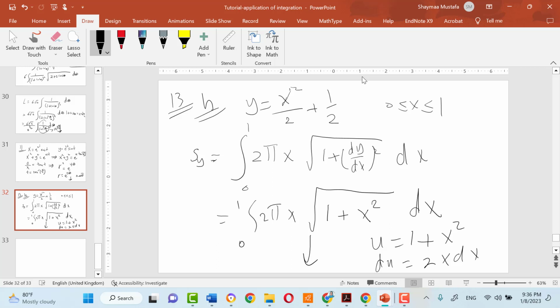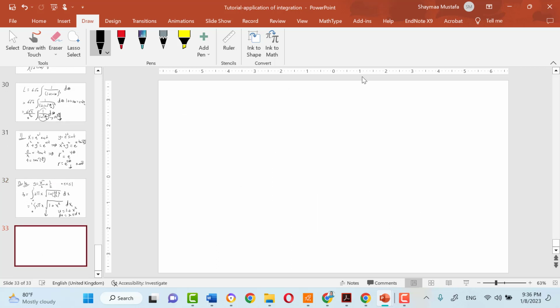For question 14, you need to prove the surface area of the cone. You have a right circular cone. If I rotate this one, this is radius R and height h, and this makes a cone.